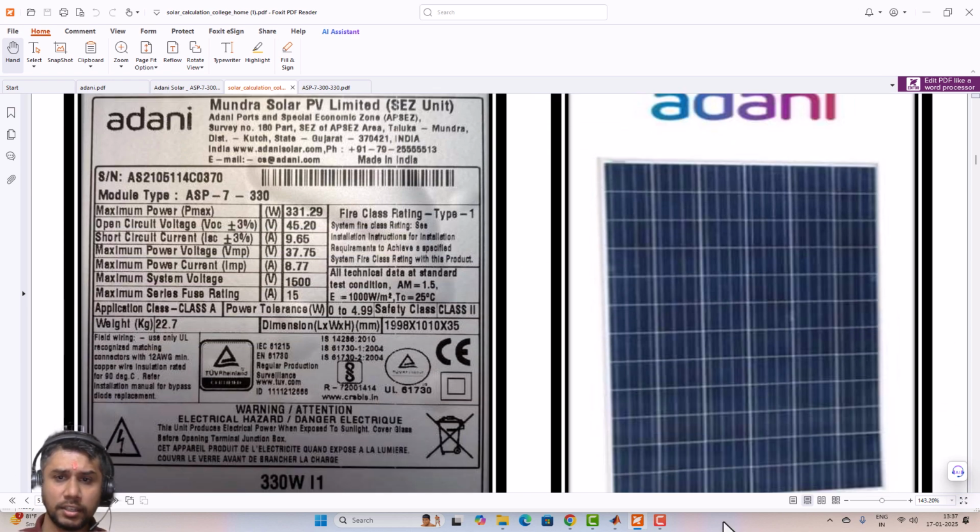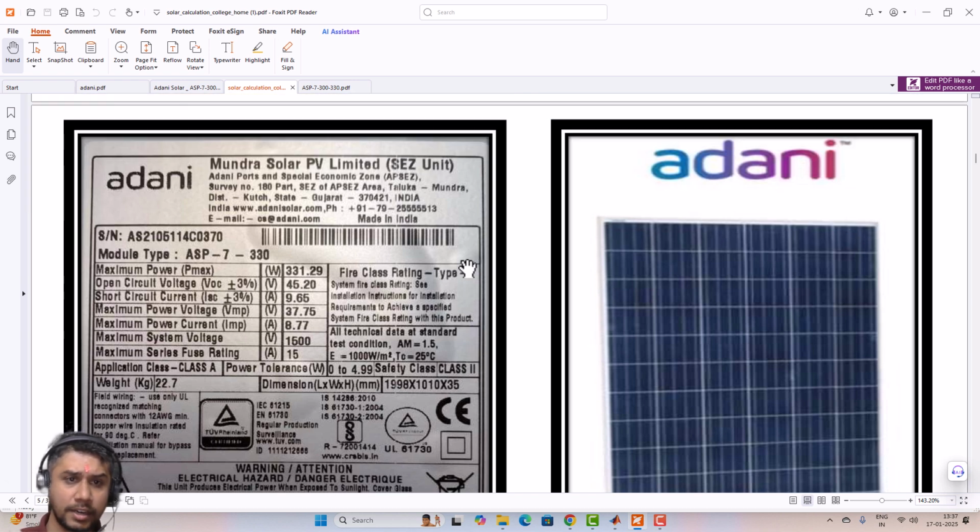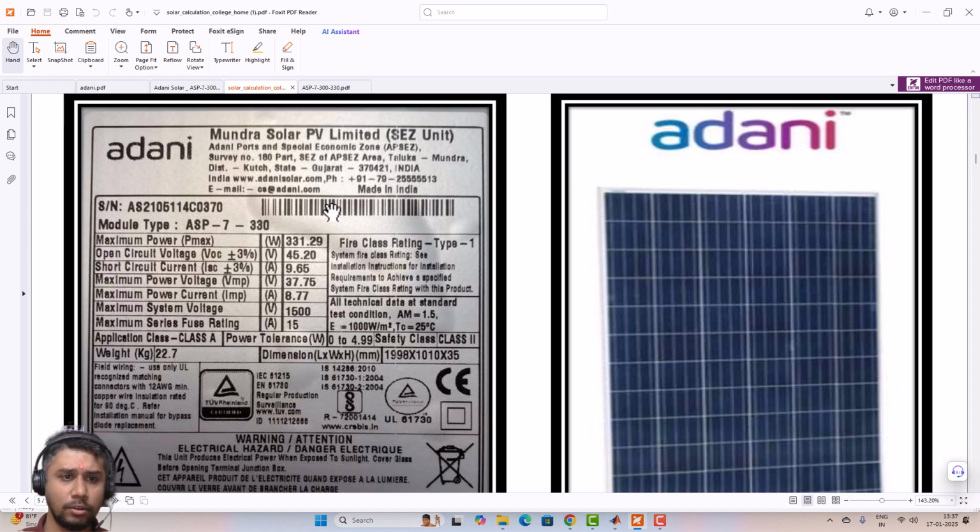So this is the datasheet, or the backside connected sticker information, of the panel. It is manufactured by Adani at Mundra Solar PV Limited, SEZ units. This is the address of the location, email IDs and contact list.